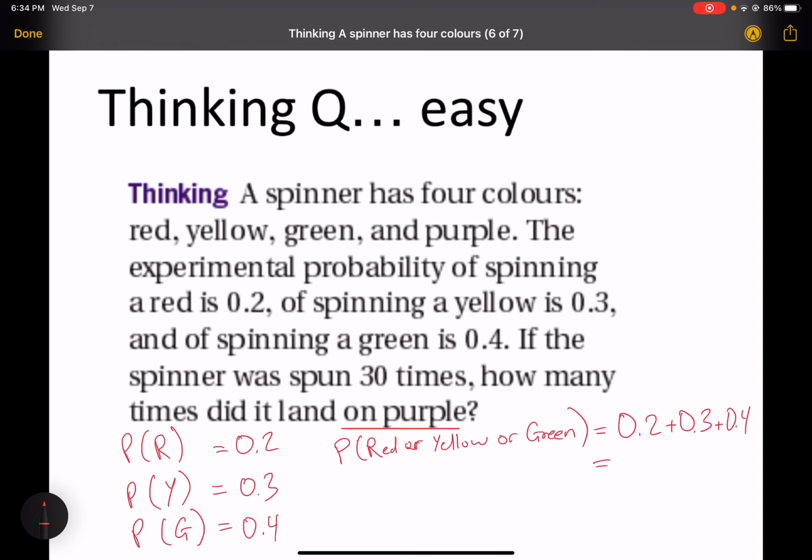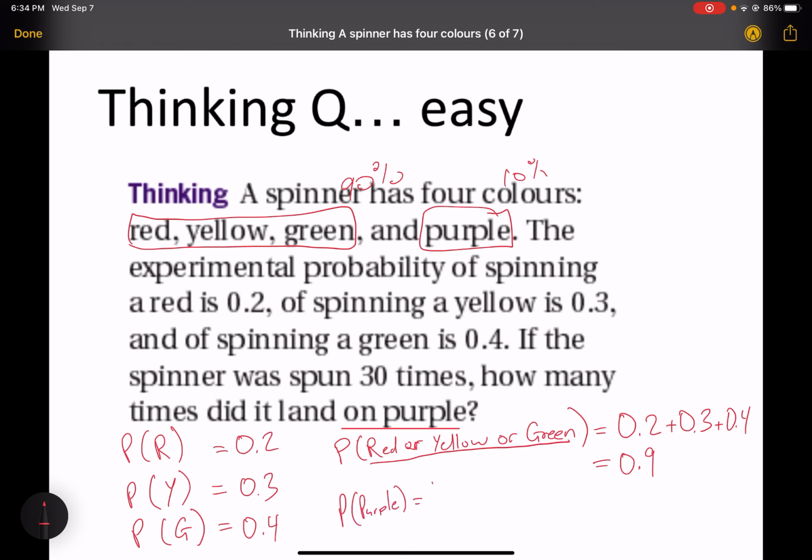And the probability of purple is essentially 1 minus 0.9, which is equal to 0.1, or 10%.